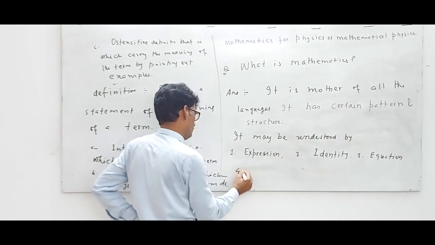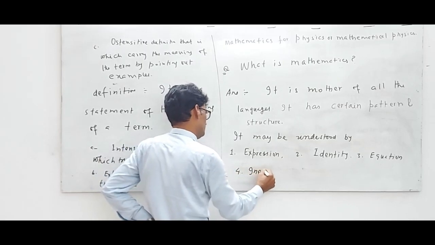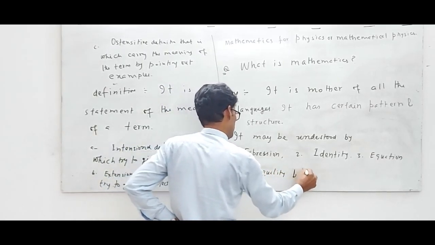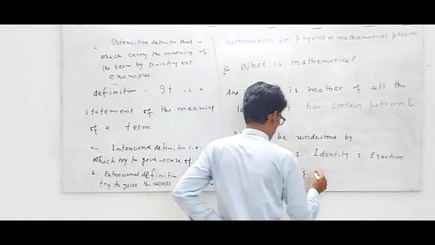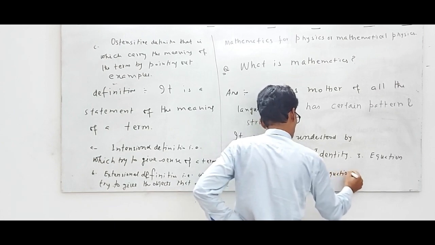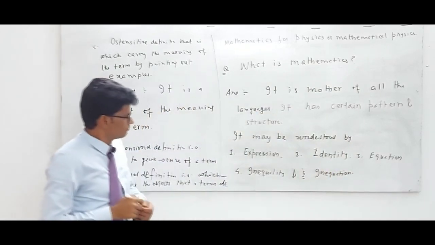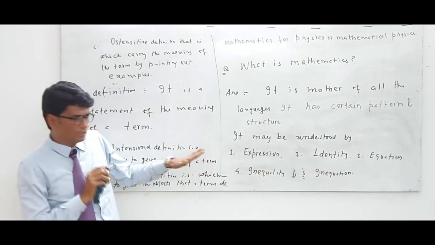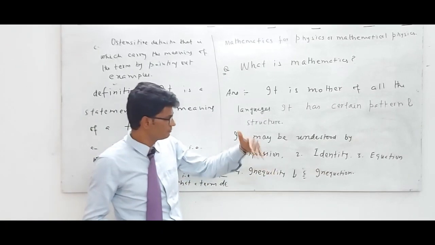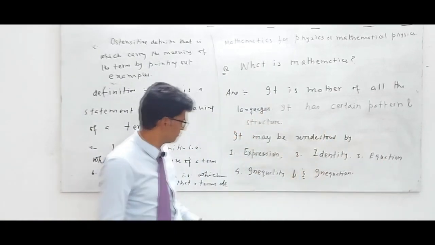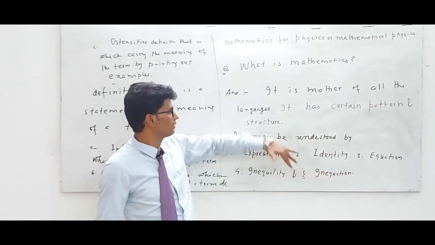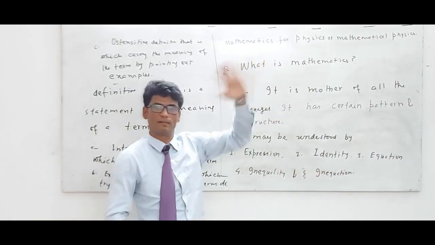Number 4, inequality. And number 5, inequation. If we are able to understand these 5 terms here, expression, identity, equation, inequality and inequation, we are in a position to understand what is mathematics.